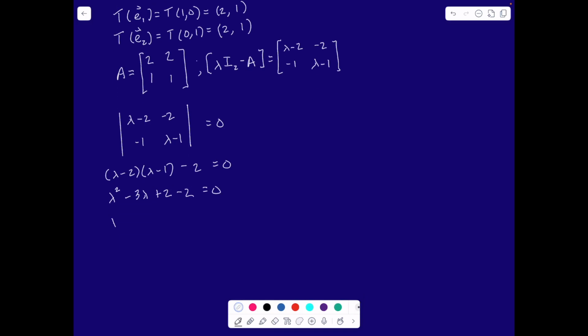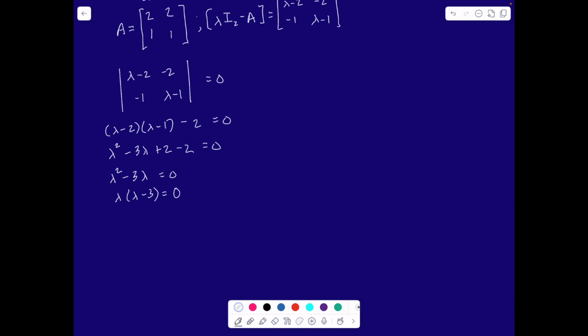So we'll have lambda squared minus 3 lambda equals 0. Factoring, we'll have lambda times (lambda minus 3) equals 0. So lambda 1 is 0, and lambda 2 is 3.